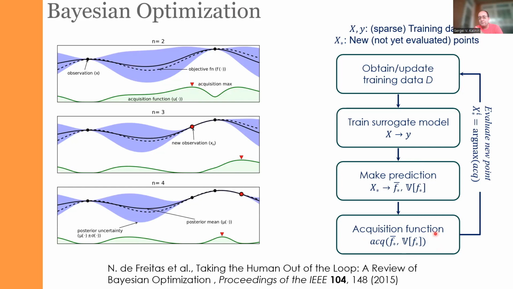You find the maximum of the acquisition function, you perform the measurement at this location, then you recalculate your function, your uncertainty, and the acquisition function, and then you repeat the process over and over again.